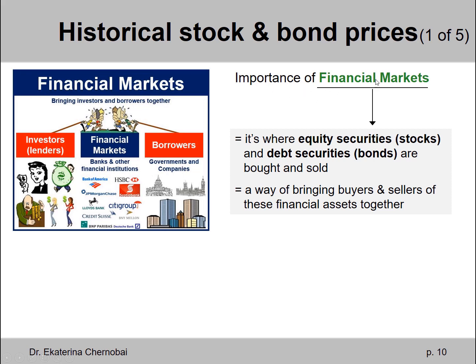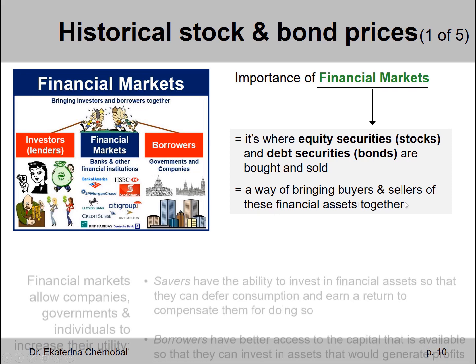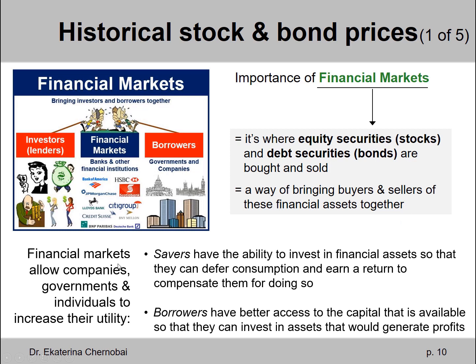Also, you can say that financial markets are a way of bringing buyers and sellers of these financial assets together. The existence of financial markets, the possibility to buy and sell stocks and bonds, allows companies, governments, and individuals to, as we say in finance or economics, increase their utility. What does it mean?